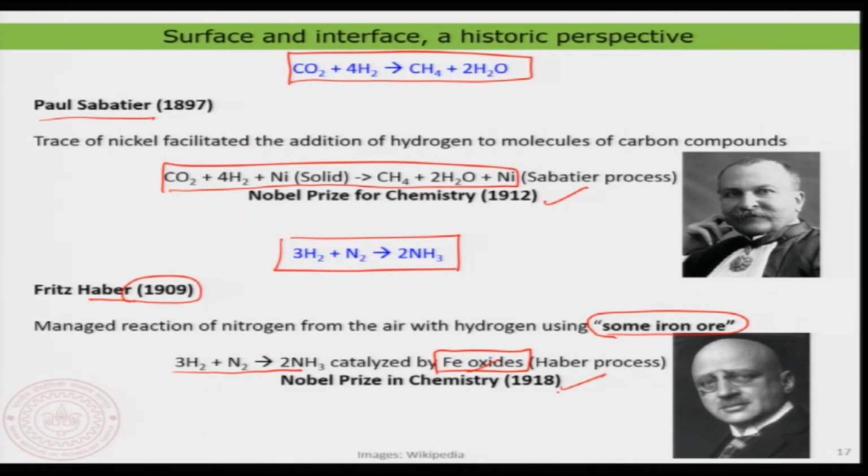Chemistry in 1918. But the interesting aspect of why I want to bring this particular example is that Fritz Haber himself tried about 20,000 catalysts by trial and error in order to finally find out that some form of oxide, and that is also the reason why it is known as some iron ore, is acting as the real catalyst for this reaction to happen.